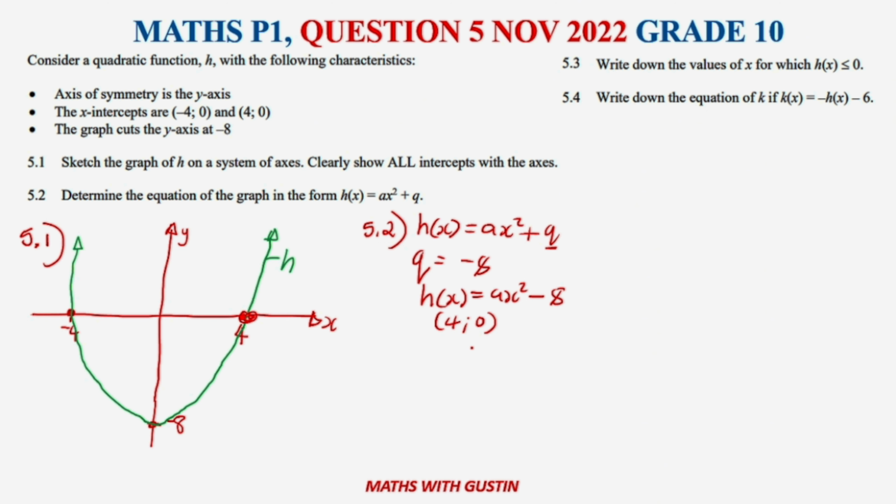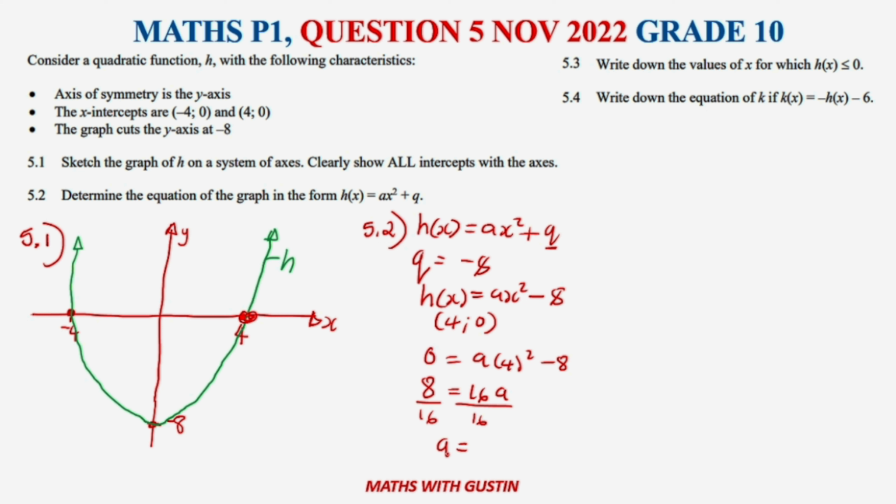Therefore we're going to substitute it here: y is 0, and x is 4, so 0 is equal to a times 4 squared minus 8. Now we're going to solve for a. Take 8 to the other side. It's going to be 8 is equal to 16a, because 4 squared is equal to 16. Then we divide both sides by 16.